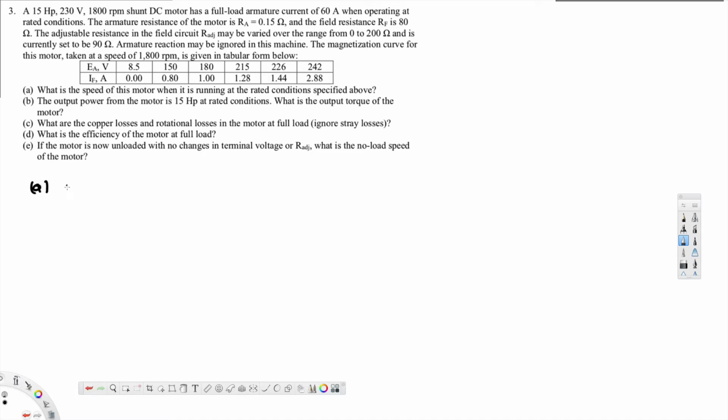A part, here we have Radj that's given to be 90 ohm.